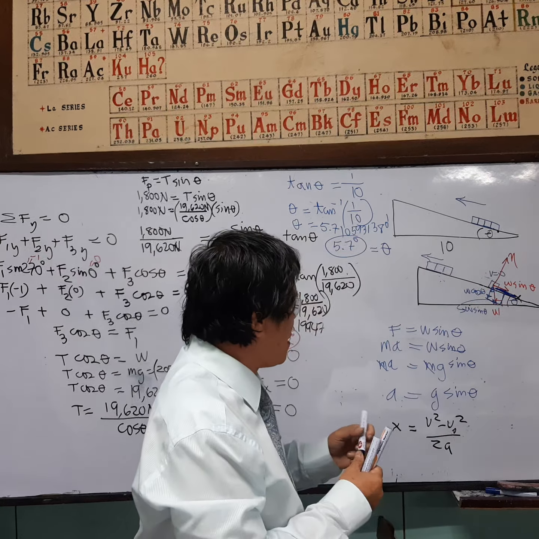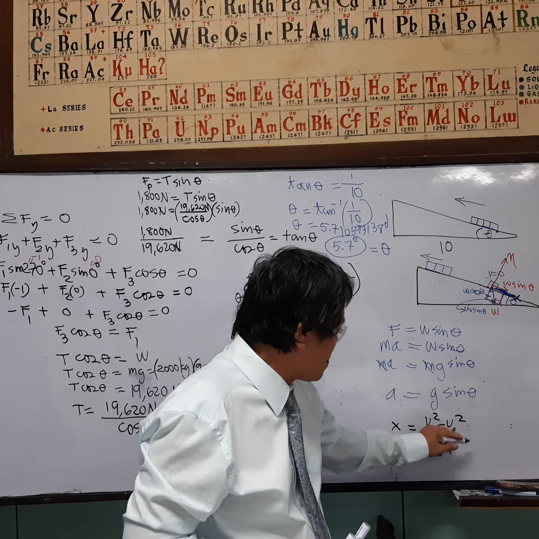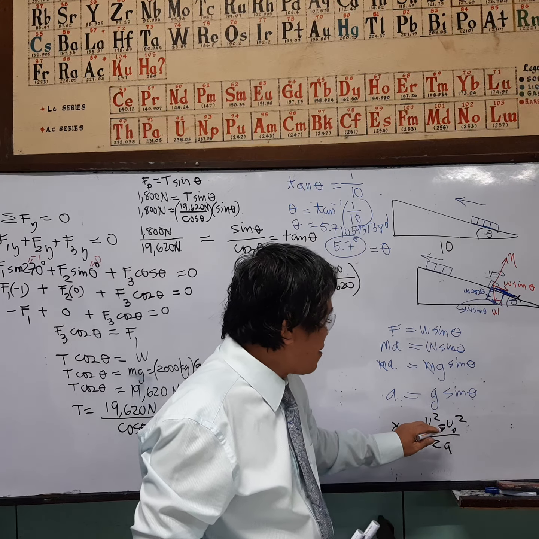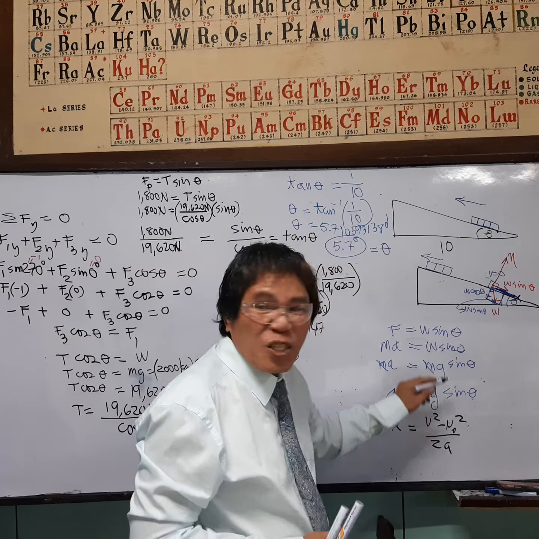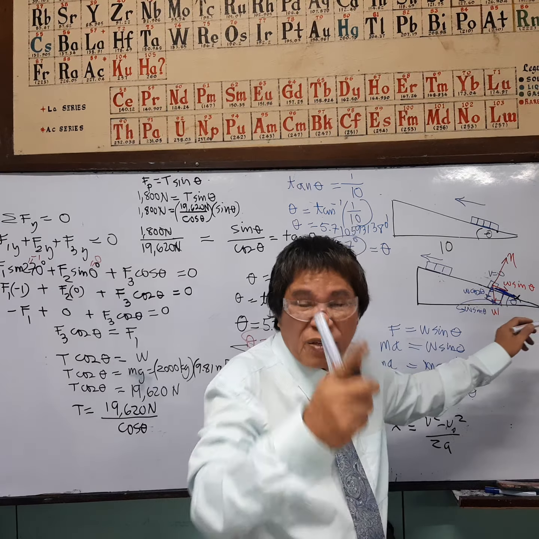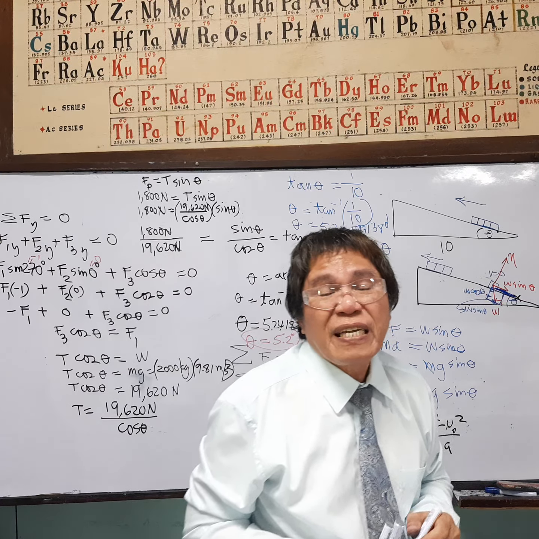Then the next question is, what speed does the car attain? For the speed, you are going to use this equation also. Here, the reverse is now different. The initial speed is 0 because it will go down. The third question is about going down. Why is it 0?